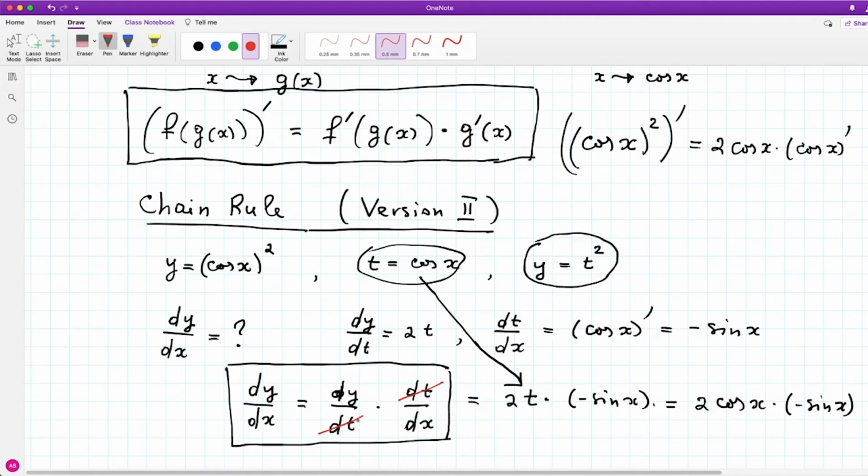Of course, this cancellation of dt on the right hand side is not completely valid because these derivatives are not fractions, but what the chain rule says is that the derivatives behave a little bit like fractions in this instance.